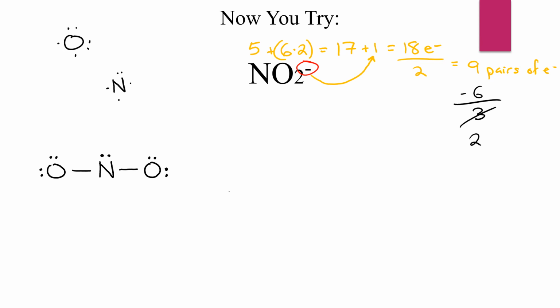I need to have the negative charge be present as well. Nitrogen has 1, 2, 3, 4, 5, 6 valence electrons around it. It just needs 2 more. This makes it have 8. So nitrogen is stable. Oxygen here is stable. And I have 1 more left over.